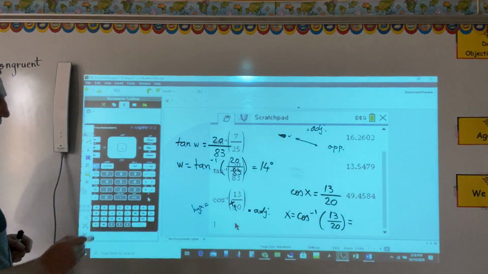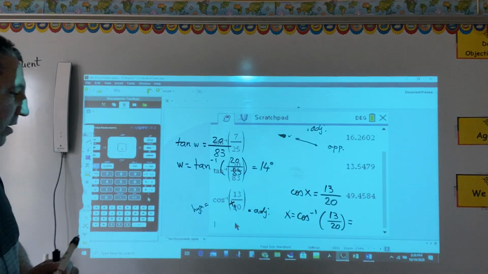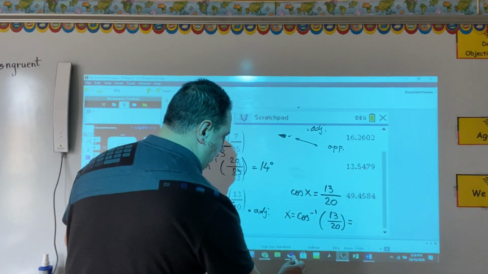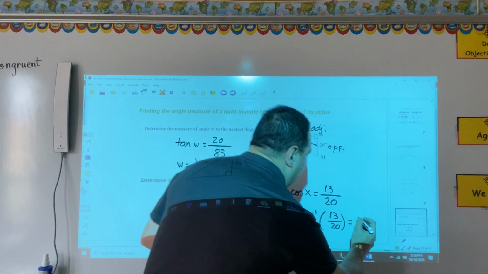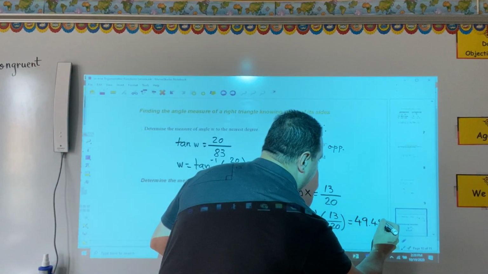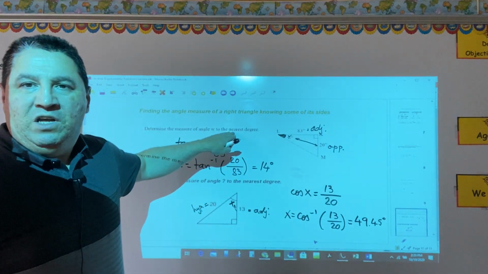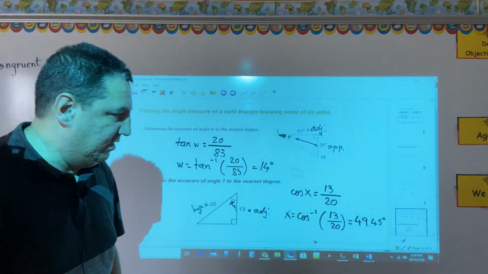We hit enter, and we get the angle. So the angle would be 49.45 degrees. Of course, if we round to the nearest degree, we're going to have around 49 degrees.